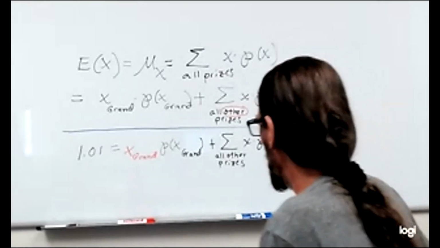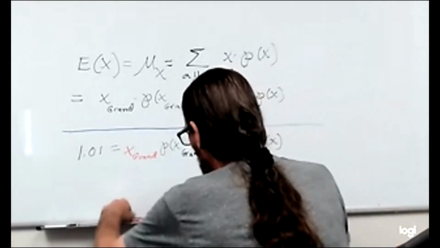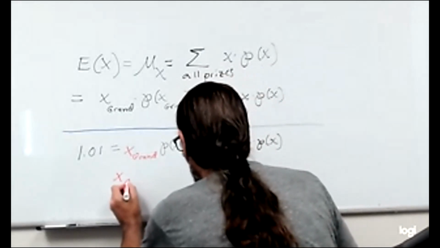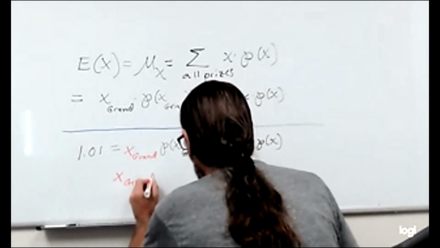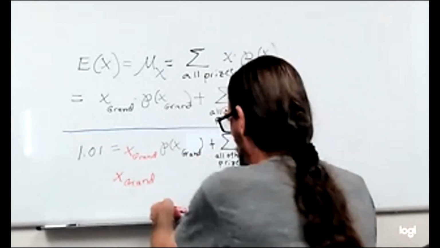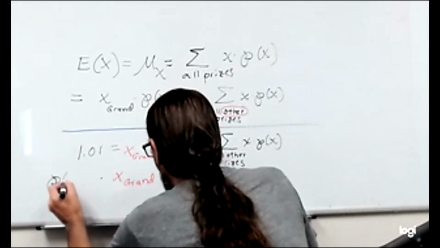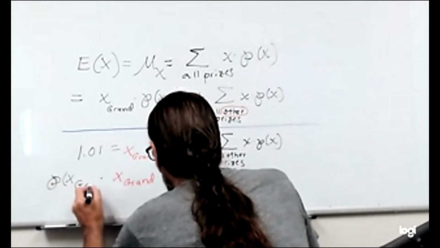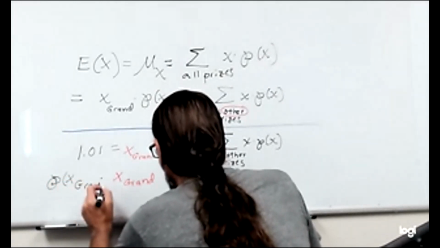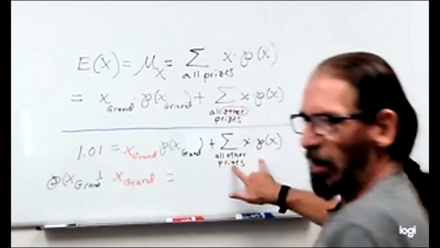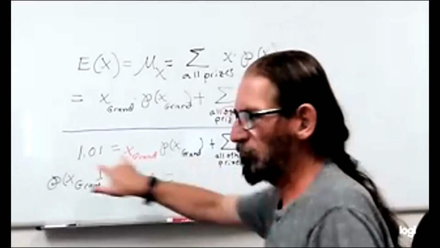Okay, well, I could isolate what we're solving for, the value of the grand prize times its probability by subtracting the sum of all those other products from 1.01.